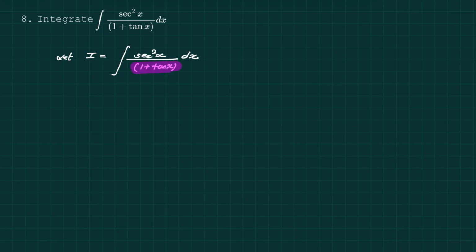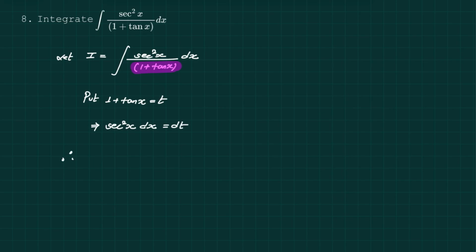So let us put 1 plus tan x as t, and differentiating both sides, d/dx of 1 is 0 and d/dx of tan x is sec square x, and d/dx of t is dt over dx, so it will be dx here and dt here.